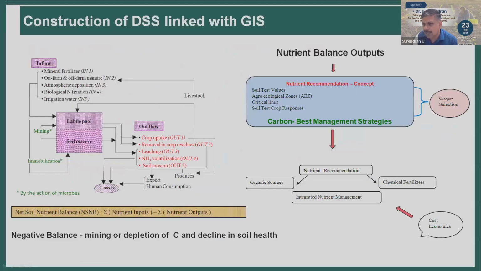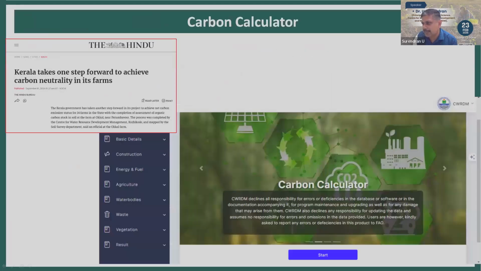Based on the land use land cover data, you can combine these data sets together and build your carbon stock estimation. In addition, for the benefit of the farmers, you can suggest the best management strategies as well.